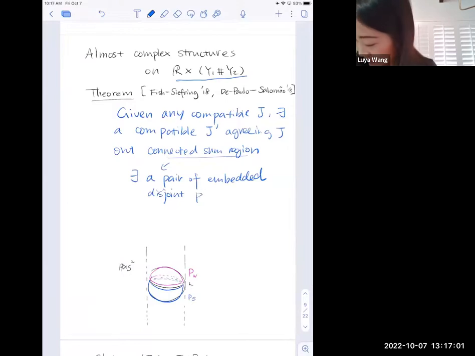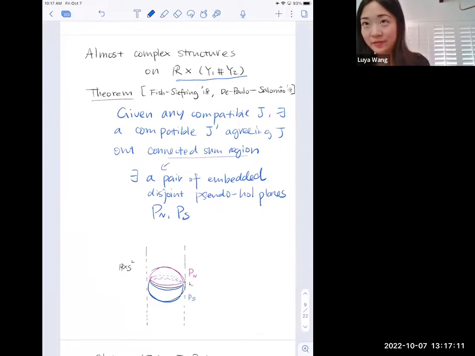Let me call them P north and P south. They're both asymptotic to this special hyperbolic orbit H. And then they project to the northern and southern hemisphere.